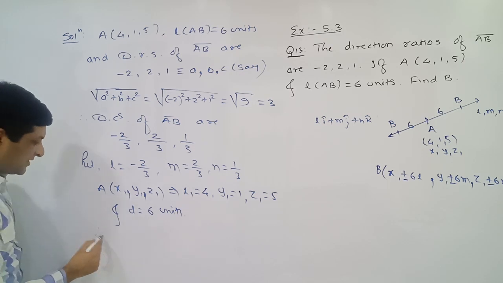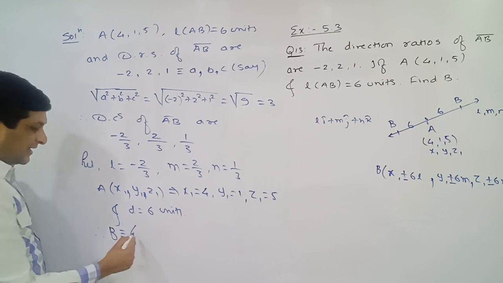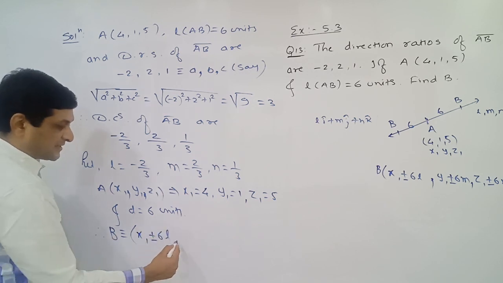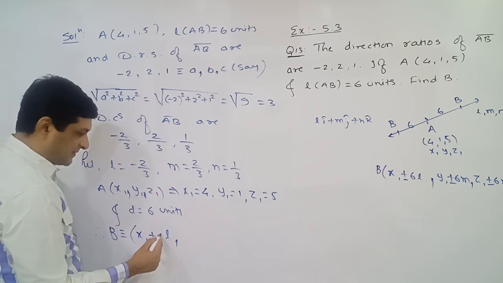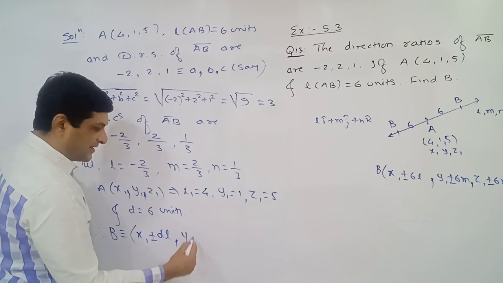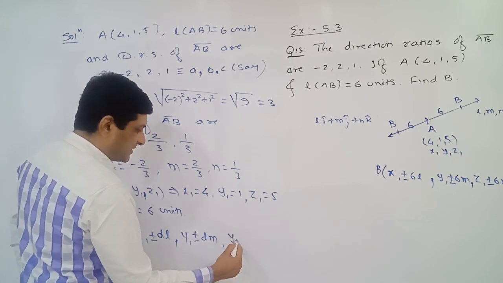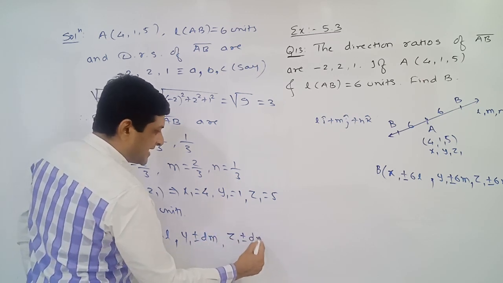Therefore the coordinates of point B are x1 plus or minus 6l, that is dl, then y1 plus or minus dm, and z1 plus or minus dn.